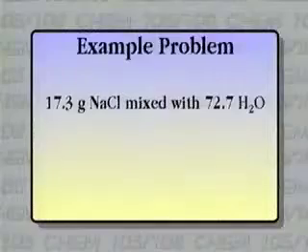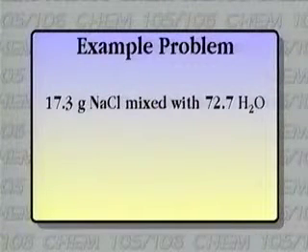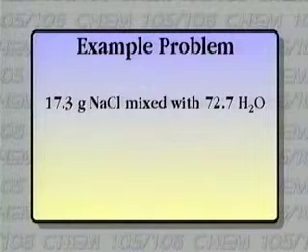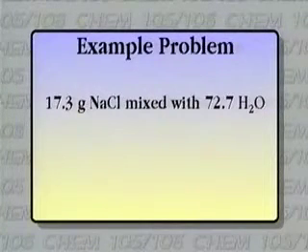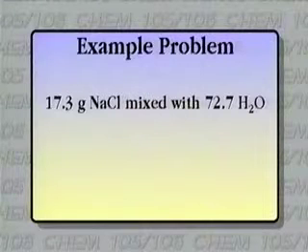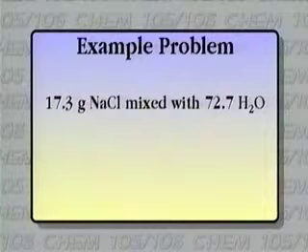Well, let's look at another problem. This time, the question is, if 17.3 grams of sodium chloride are mixed with 72.7 grams of water, what is the percent by mass of this solution?